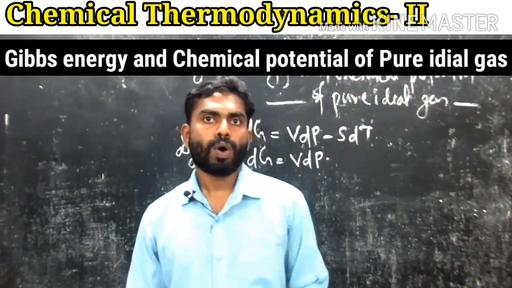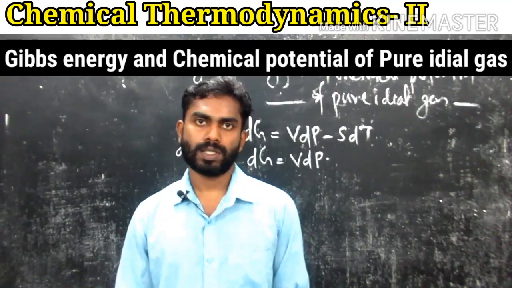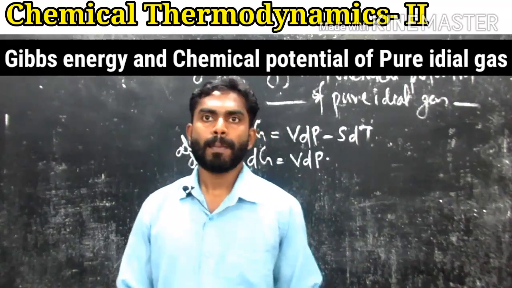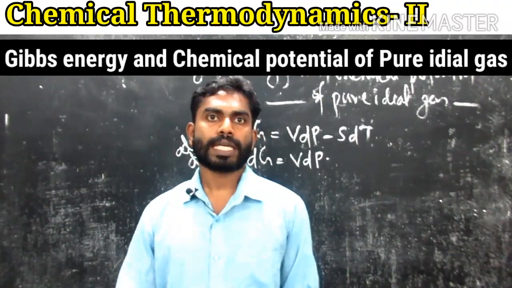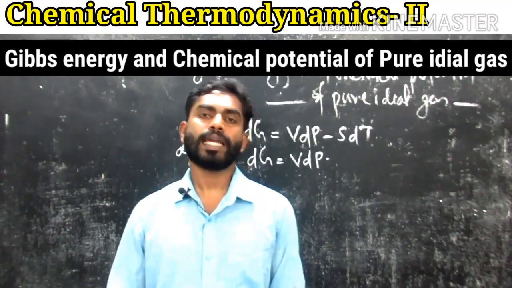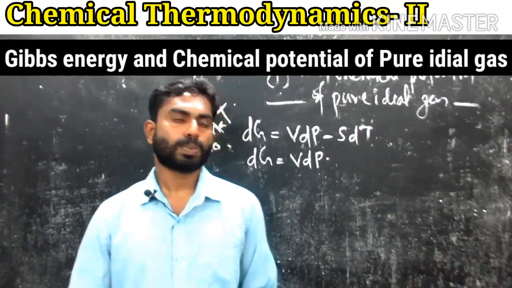The Gibbs energy of the system is obviously G0, the standard Gibbs energy. Suppose the pressure alone is changed, say to P bar, so that the Gibbs energy changes to G at T Kelvin. We can integrate equation 2 between the specified limits.